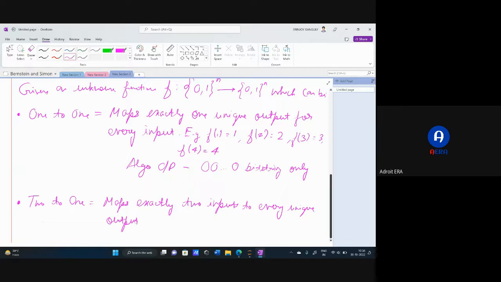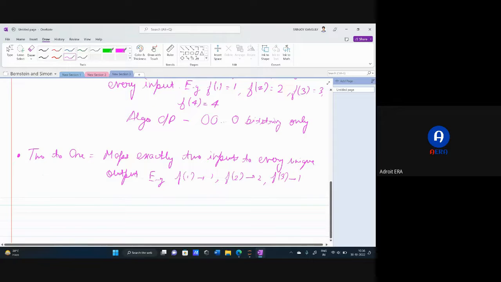Therefore, let us see an example. f of 1 will go to 1, f of 2 will go to 2, f of 3 will go to 1. So, two inputs.